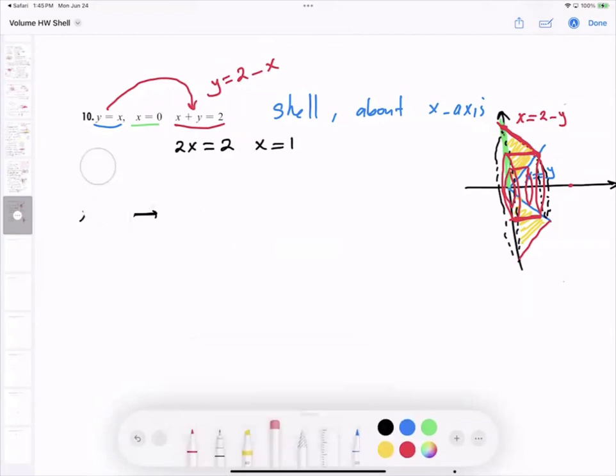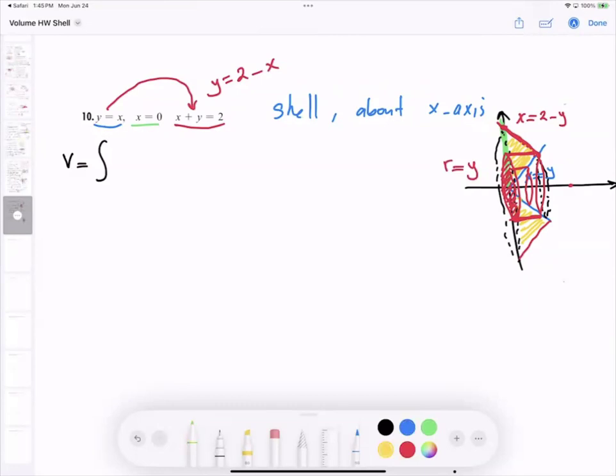So I'm going to erase this. The volume is equal to the definite integral of the base, which, as you remember, is located on the y-axis, so it is dependent on y. R is equal to y down here.